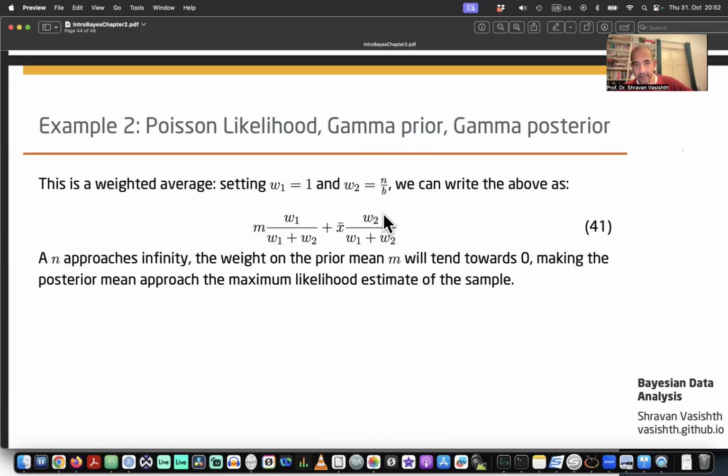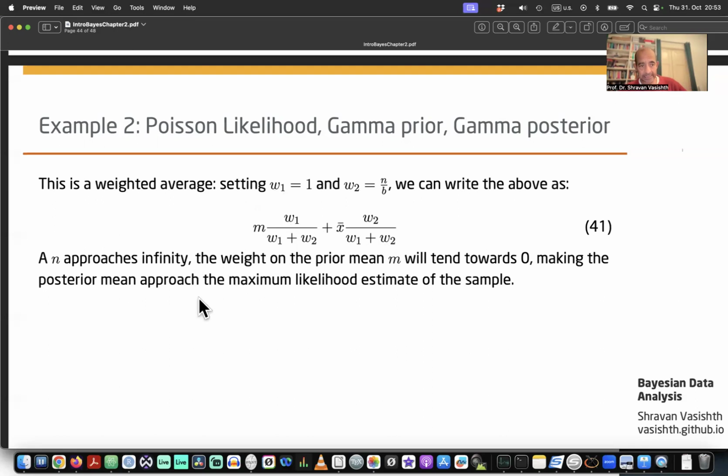So when this number approaches infinity, this term will approach 1, and this term will get smaller and smaller because this weight is getting larger and larger, right?